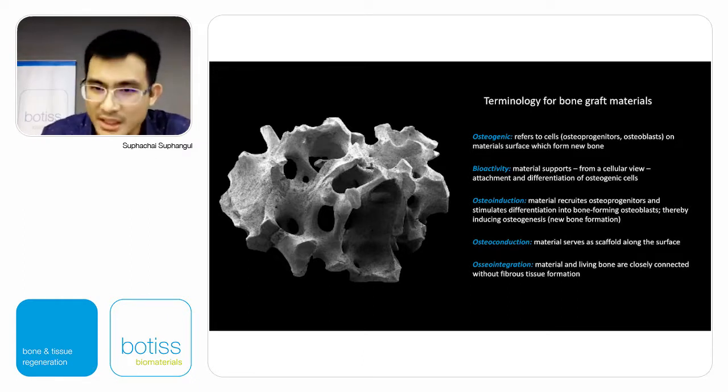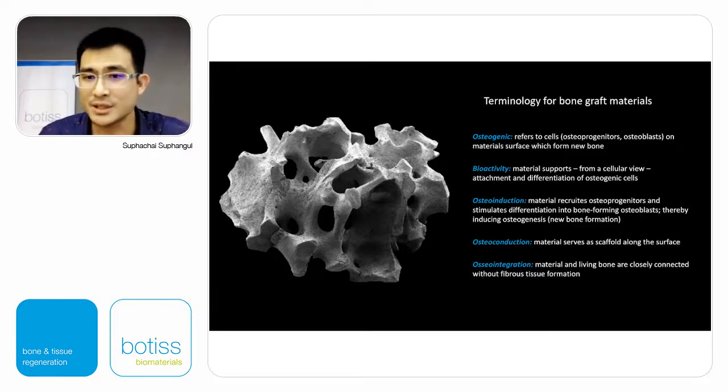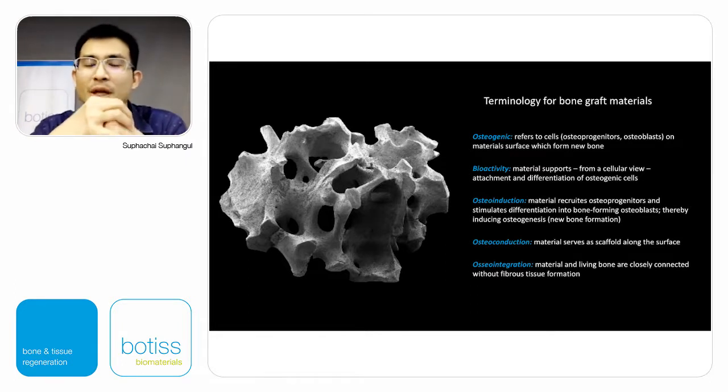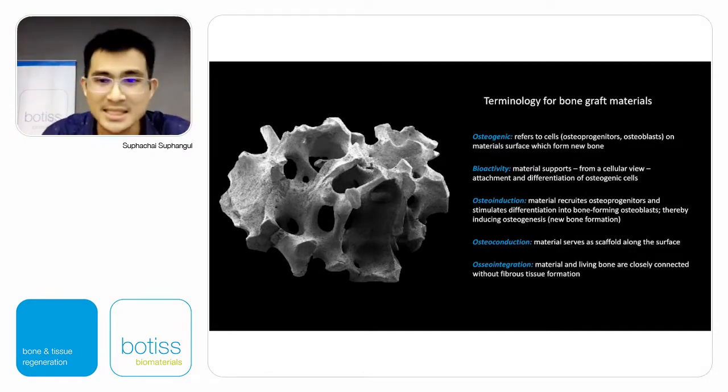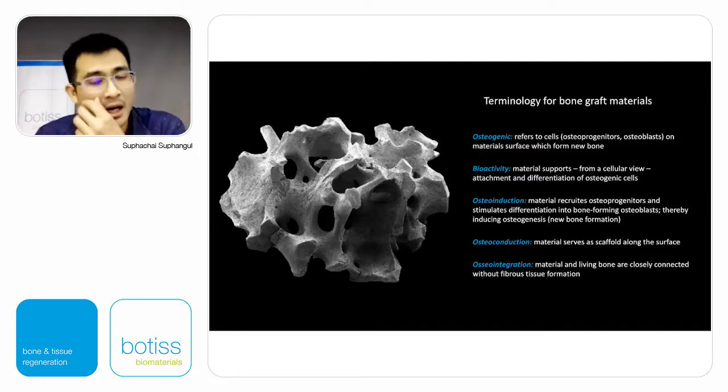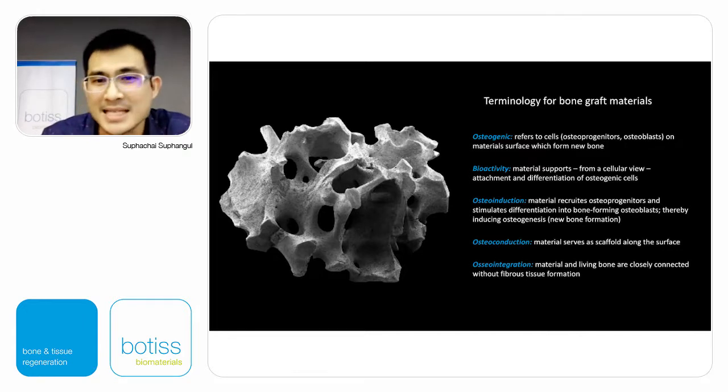Osseointegration is seen with something like a dental implant. The bone can grow on the material without fibrous tissue formation. This always happens with materials such as the Xenograft. I will explain more.